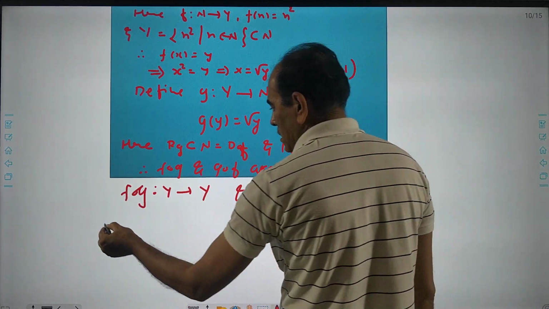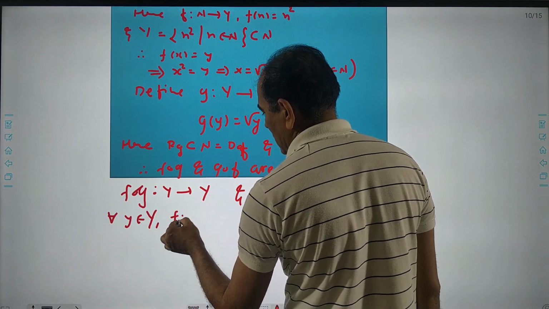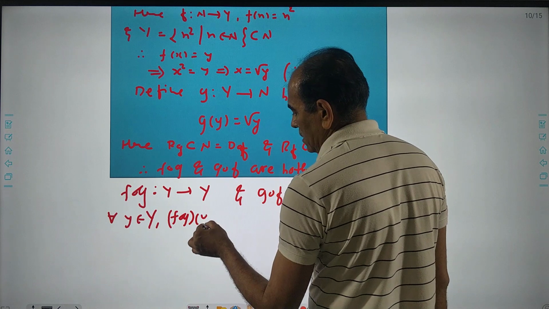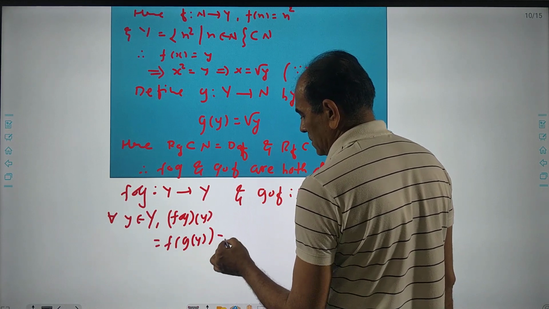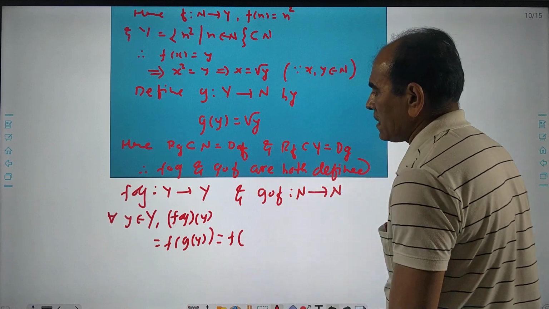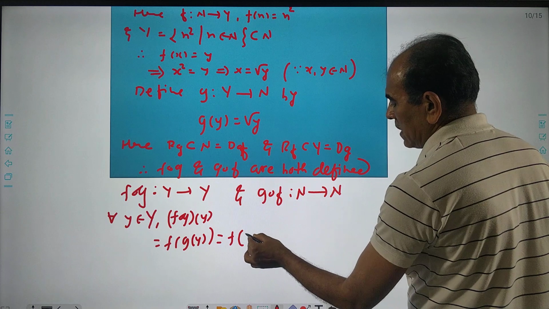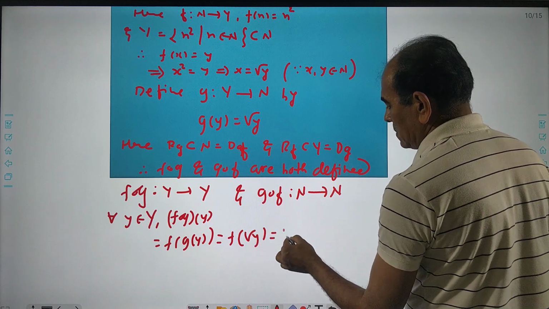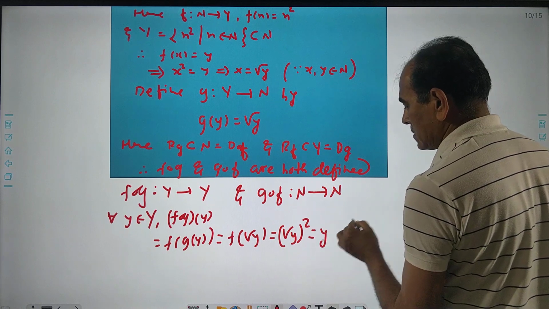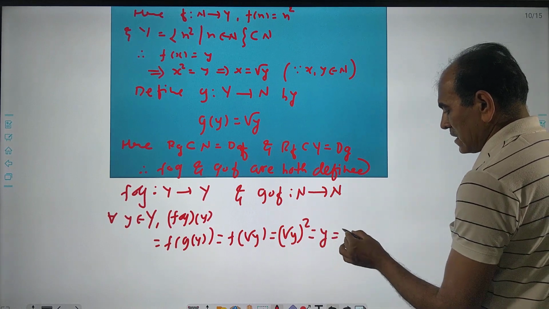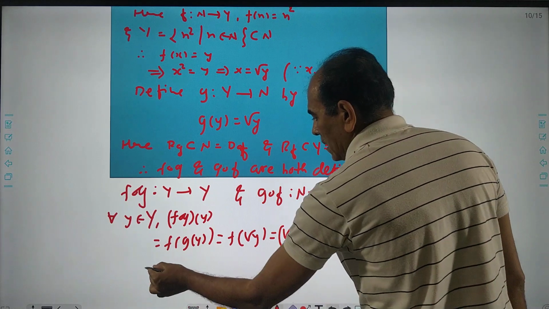Clear? Yes? Now for all y belongs to Y, (f∘g)(y) is equal to f(g(y)). What is g(y) here? g(y) is root y, and that is equal to f(√y) = (√y)², and so that is equal to y, and so we can write that is equal to I_Y(y).